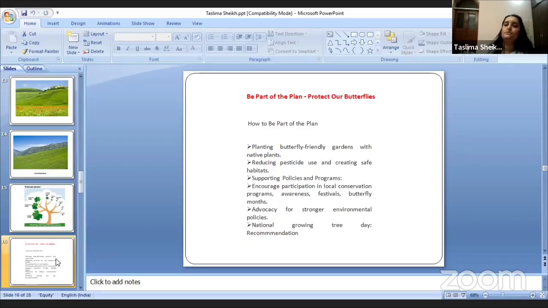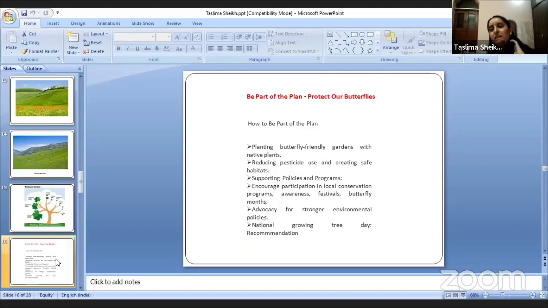Recently we had one festival regarding the butterflies in the Jammu region, and we can create other awareness, like we are celebrating every year. We celebrate the butterfly month in September, and we monitor the butterflies. We do the butterfly counts in every region of Jammu and Kashmir.